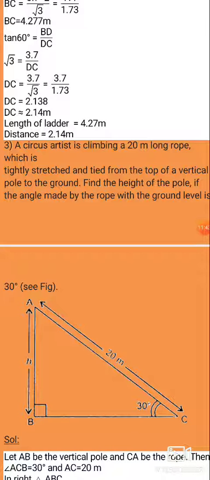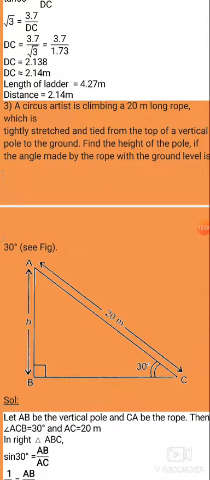So let AB be the vertical pole. CA, or AC, be the length of the rope. Then angle ACB, the angle of elevation, the line of sight to the horizontal, is 30 degrees. And AC is equal to 20 meter.